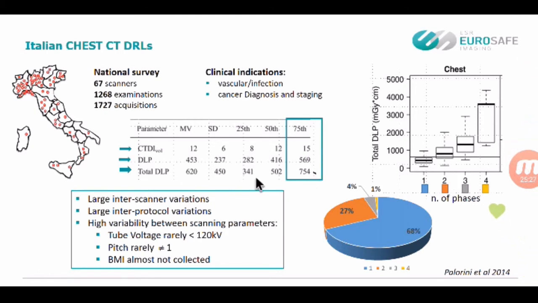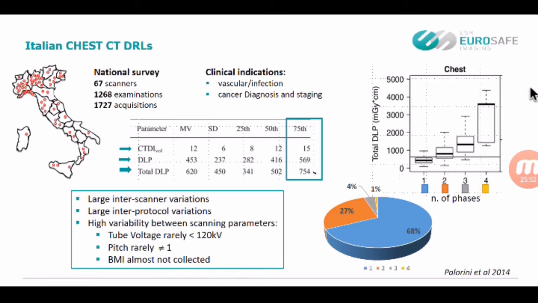It's important to collect the total DLP because the total DLP gives us information about the whole examination, and we can see that more than 30% of the chest examinations were performed with more than one phase, more than one scan: 1, 2, 3, and also 4 scans for a CT examination.